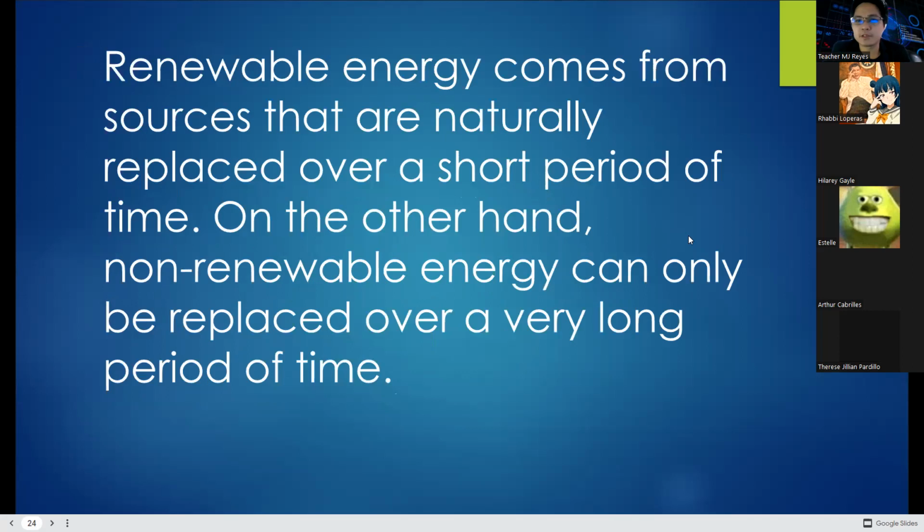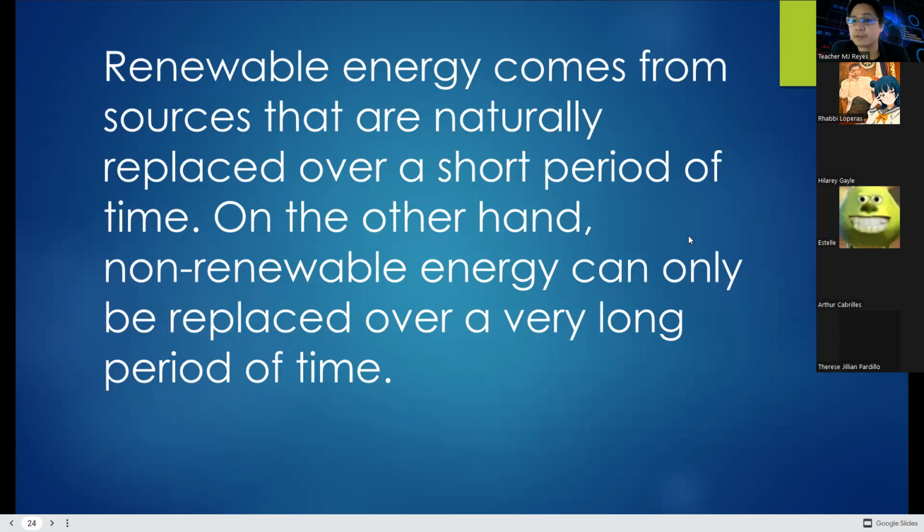Renewable energy comes from sources that are naturally replaced over a short period of time. So when you say renewable, these are energy that can be replaced in a short period of time. How about the non-renewable resources or energy?